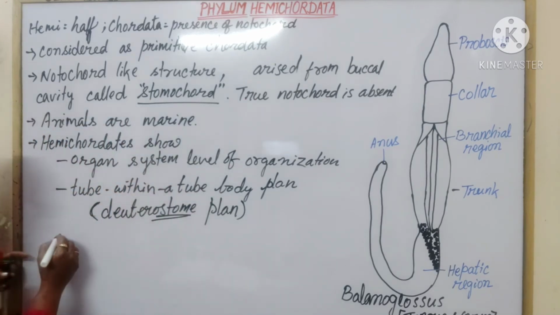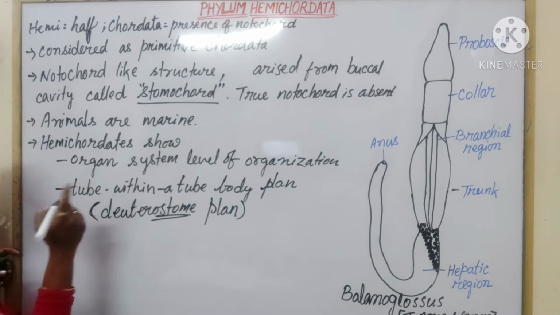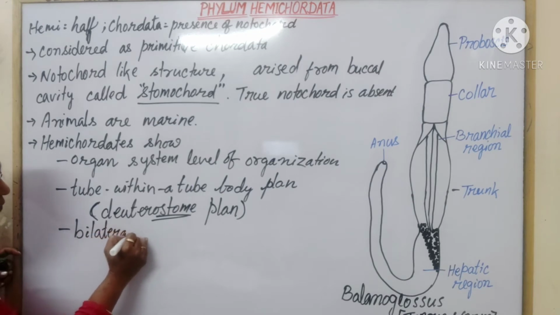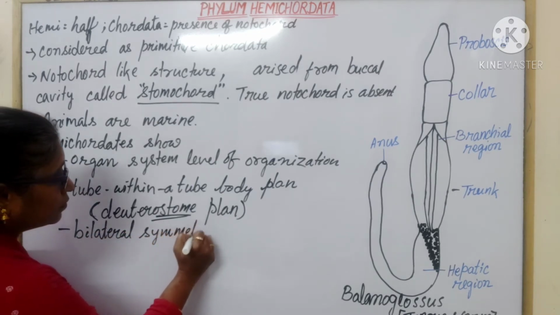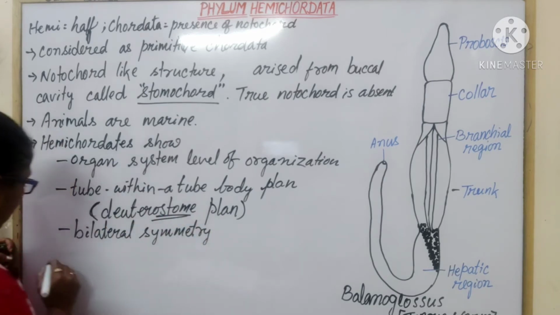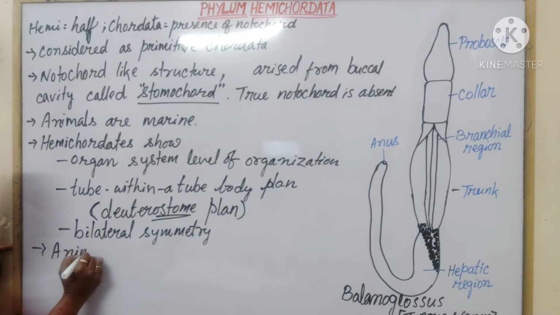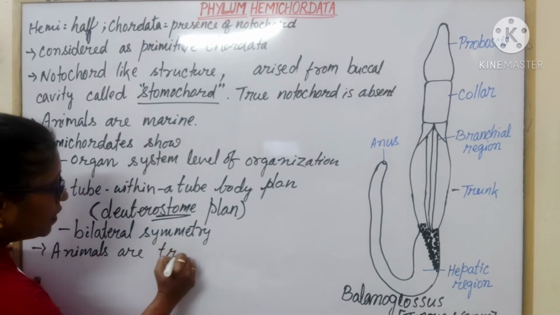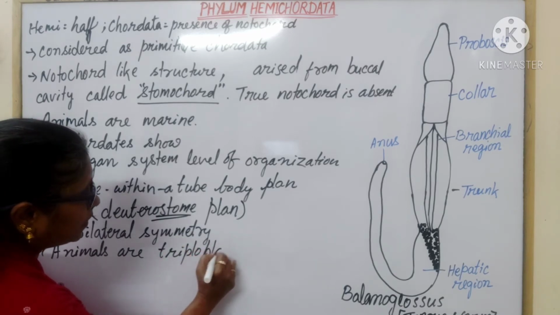That's why deuterostome. And these animals exhibit bilateral symmetry. Animals are triploblastic. They have the three germ layers, triploblastic.